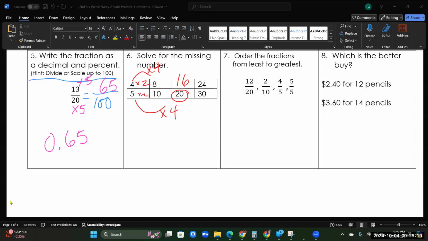All right, number 7 says order the fractions from least to greatest. In order to do that, we need a common denominator. 20 is the largest, so we need to take them all to 20.